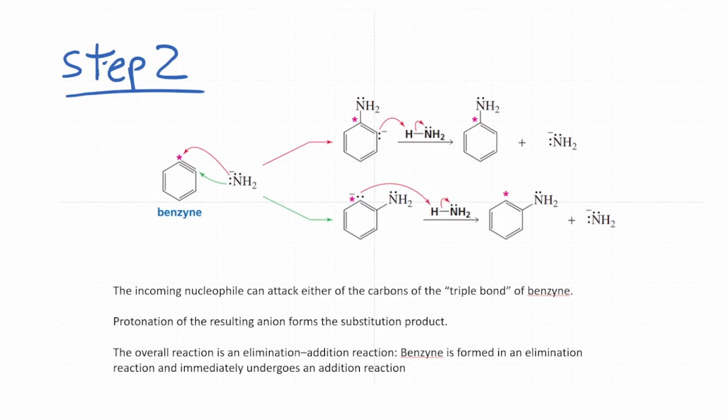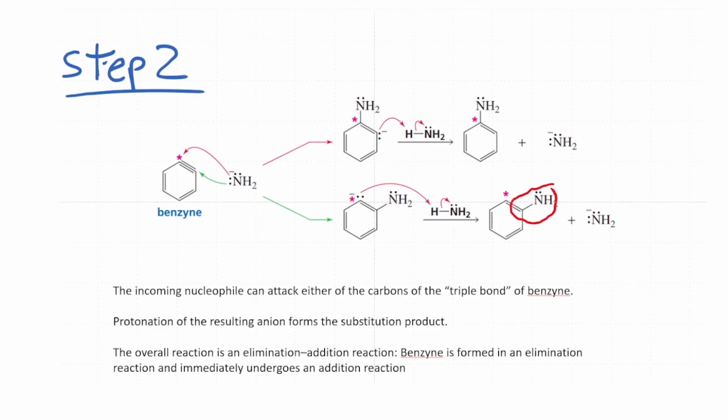But in the green case, where the amide can attack the other carbon of benzyne, so that is this carbon, then it is possible that the NH2 will end up on the carbon which does not have the C14 label. As we know, the overall reaction is an elimination-addition reaction, and since there is no particular preference for attack of one carbon over the other, what we see here is about a 50-50 mixture of the two products.